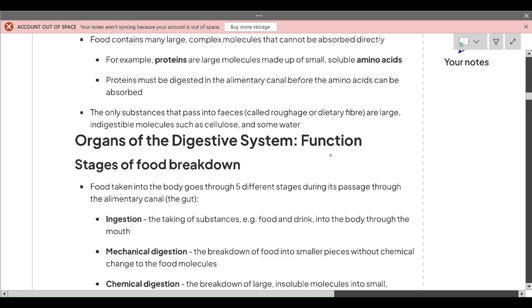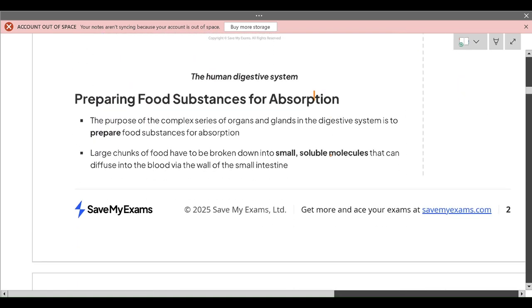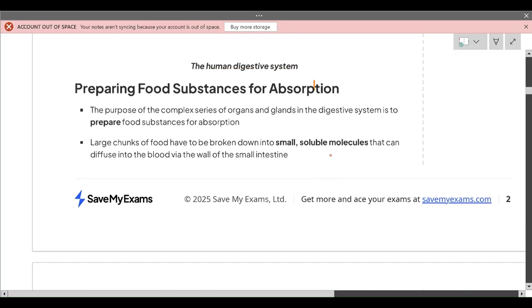And in the digestive system, we discussed the reason behind all digestive processes and why molecules are converted from large insoluble form to small soluble molecules.